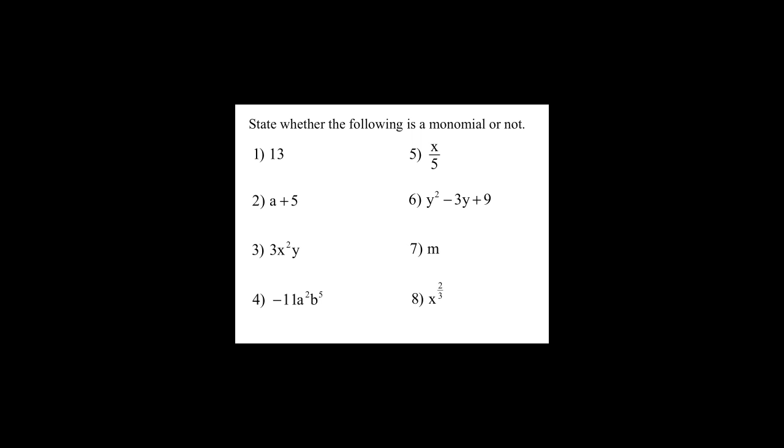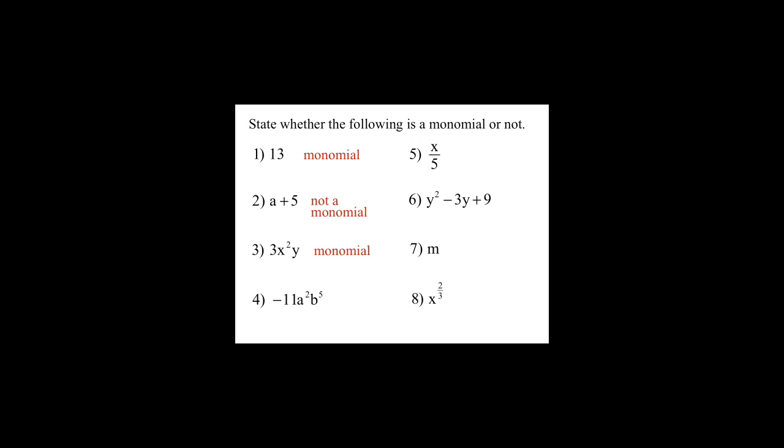All right, now check your work. Monomial because it's a number. Not a monomial because this is made up of two terms, not one. The plus sign separates the terms. I have a variable term, and the 5 is what we call a constant.